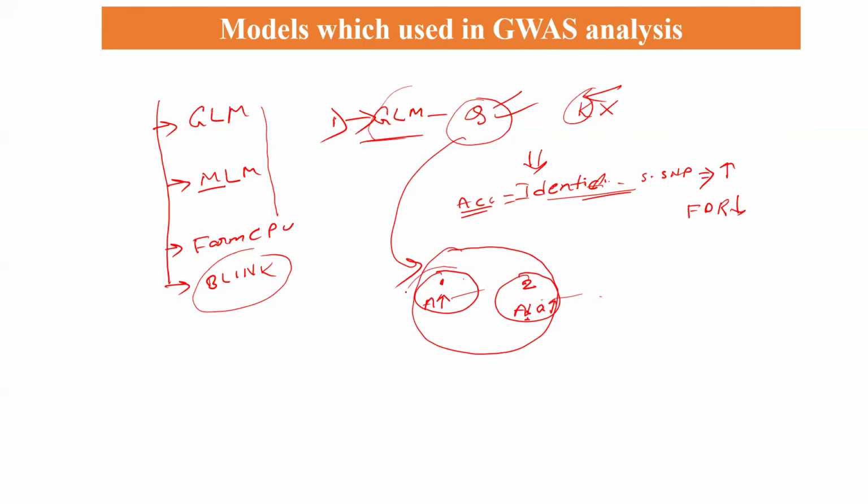But when the Q matrix for subpopulation is not included, this may lead to a false positive. If the subpopulation 1 height is 100 centimeters and subpopulation 2 height is 60 centimeters, the A allele is not associated with height, but its frequency is very high in population 1 and low in population 2. It means that when you run the GWAS analysis, it shows the A SNP associated with height, but actually it is not associated with height.